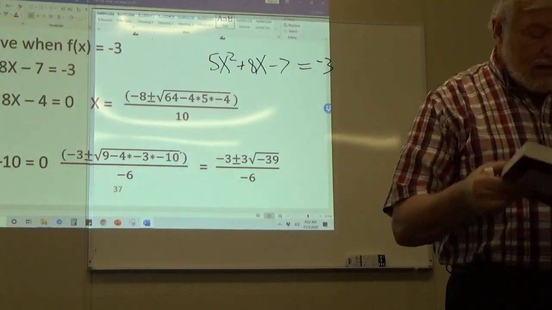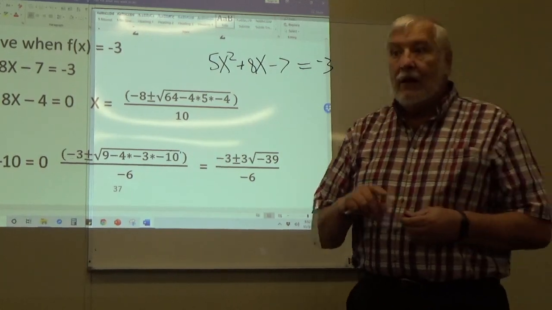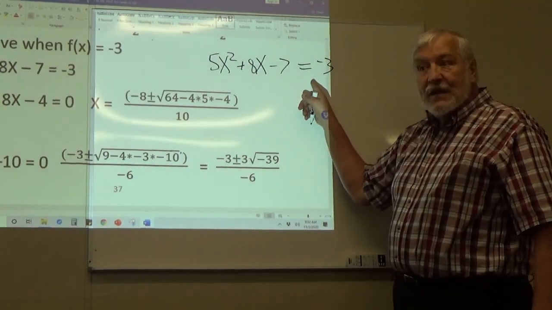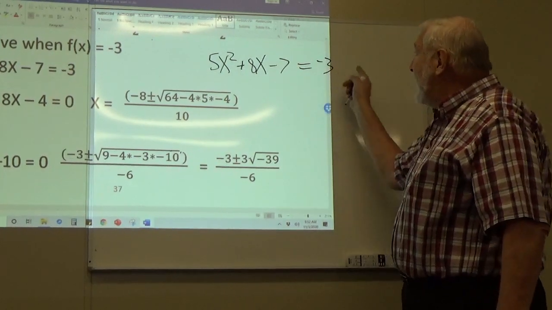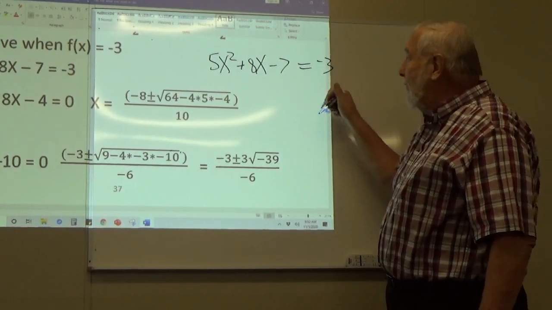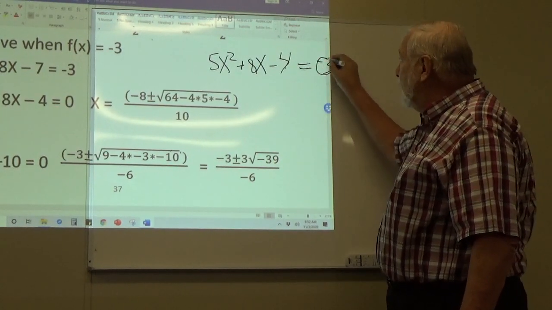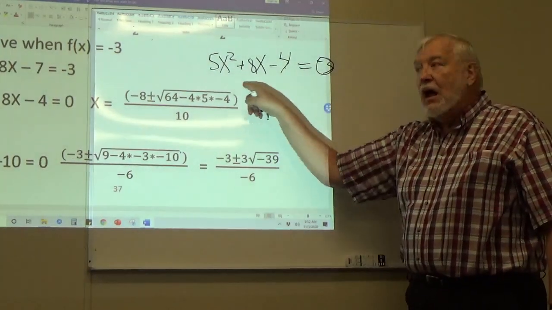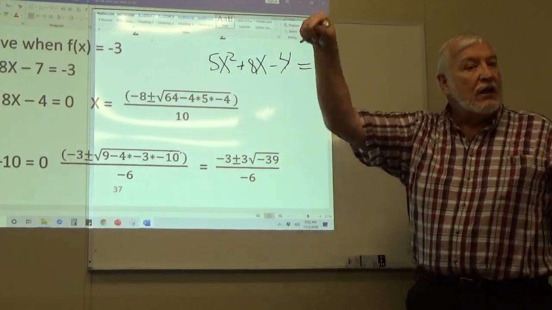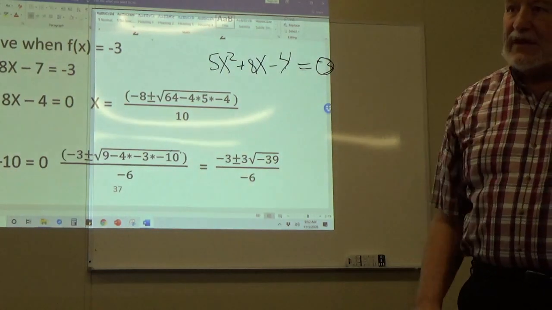Okay, now, can we do the quadratic formula? Not the way this is, but if this is 0, I can. And so what I do is I add 3 to both sides, and this becomes 5x squared plus 8x minus 4 equals 0. And now I do the quadratic formula on this equation, not the one that you originally were given. That's what B is telling you to do.